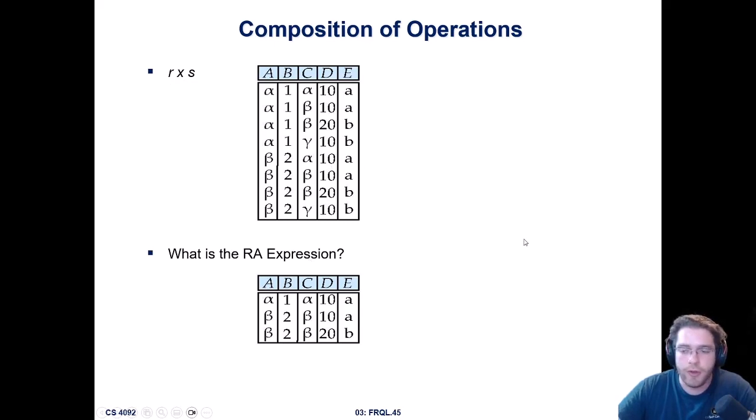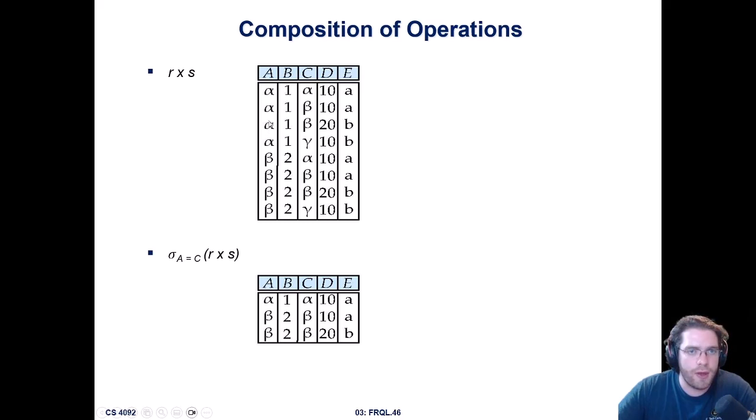So we're going to ask what is the RA expression that we have here. From this output, we could say select the predicate A equal to C for the Cartesian product of R by S. So select from the Cartesian product of R by S, which is this big one, where A is equal to C. And this is where A is equal to C here.